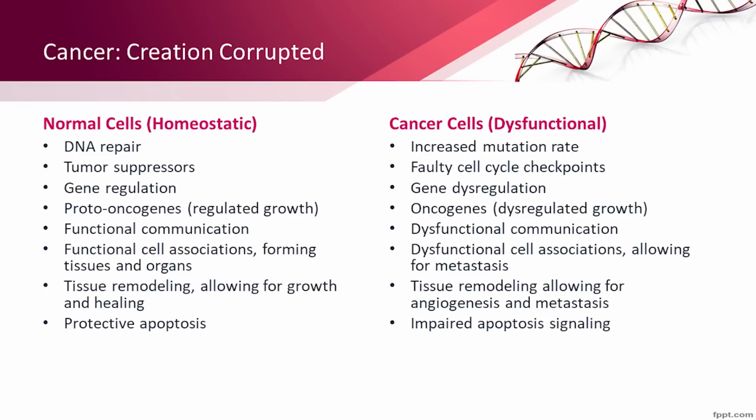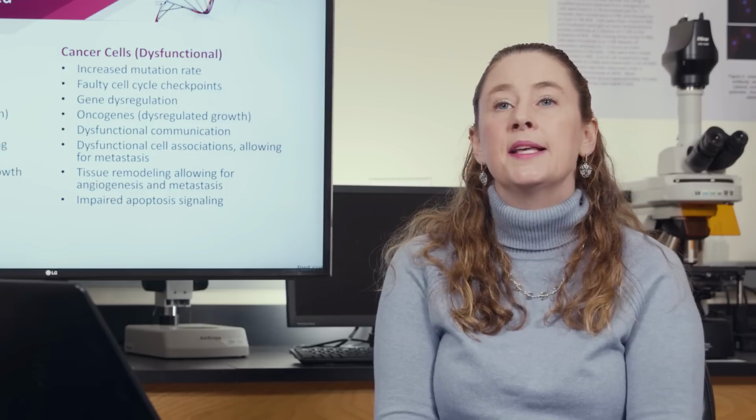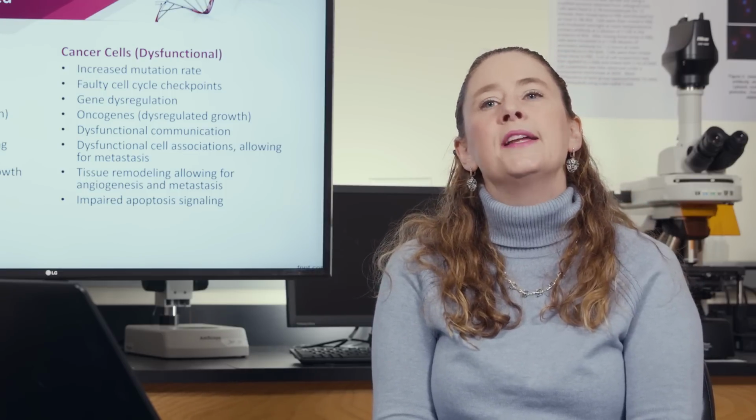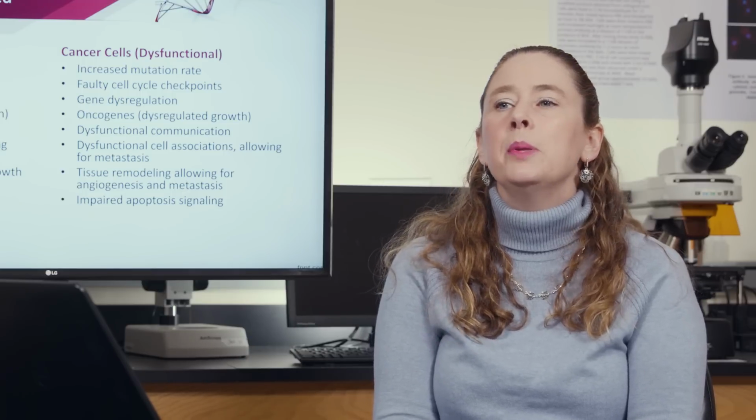Another thing we're going to look at in homeostasis is tissue remodeling. Now, tissue remodeling sounds potentially really scary. It sounds like you're basically going to take your kidneys and make them into a new shape or something like that. But all that is meant by tissue remodeling is that the body has the capability to break down broken or worn out components and rebuild them.